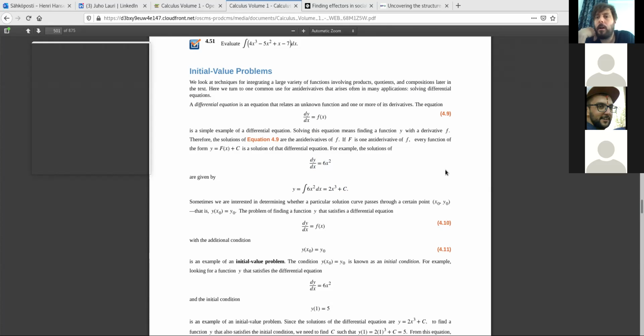But more often than not, simple equations like this are not going to explain how your system behaves. Like, take an electrical circuit, for instance. If there is a capacitor there, then the voltage in the capacitor depends on the current.